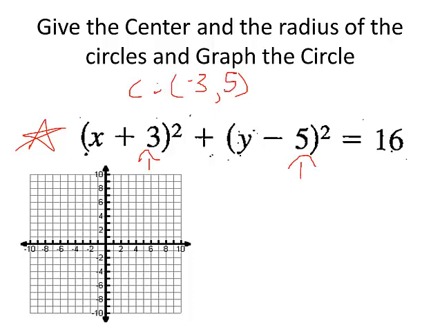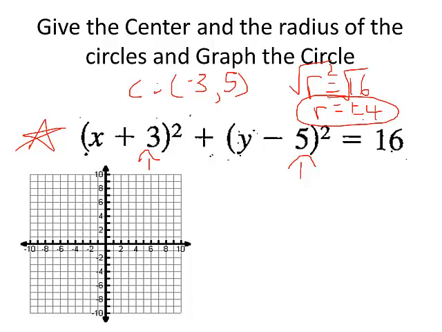So you have -3 and 5. The radius in this case: we know r squared is equal to 16, so to find the radius you undo the squared, which means the square root. I tell people to put the plus or minus when you take the square root, because you're going to be using the radius to go up, down, left, and right.